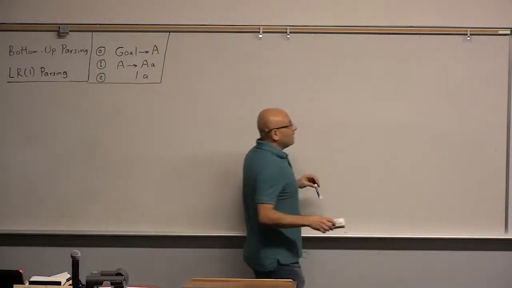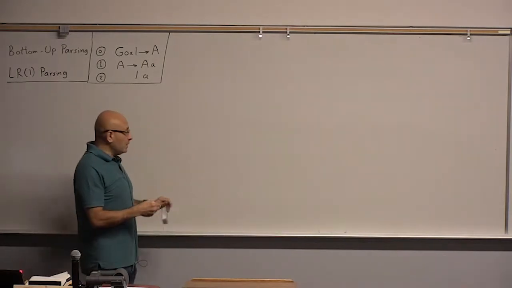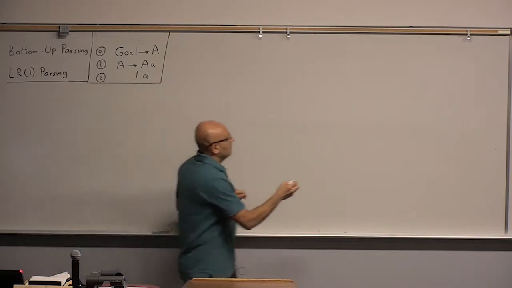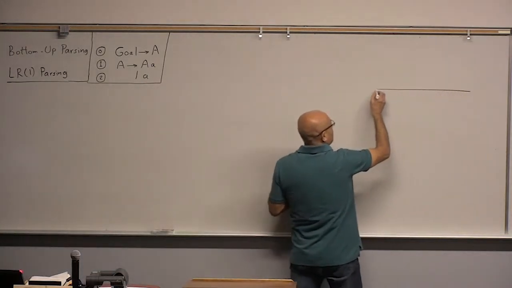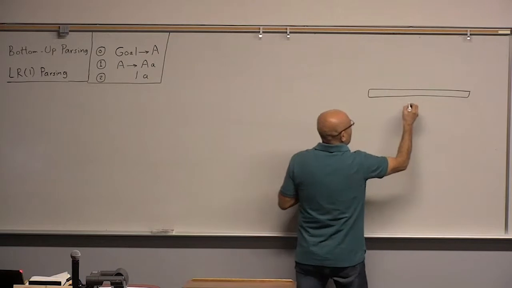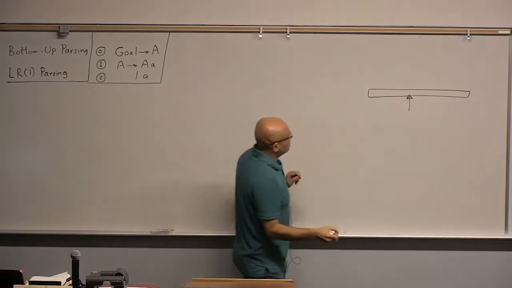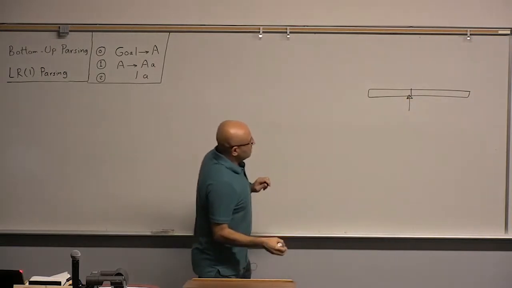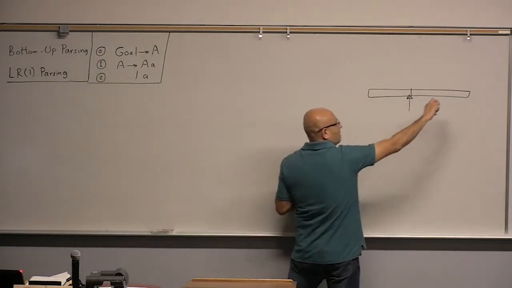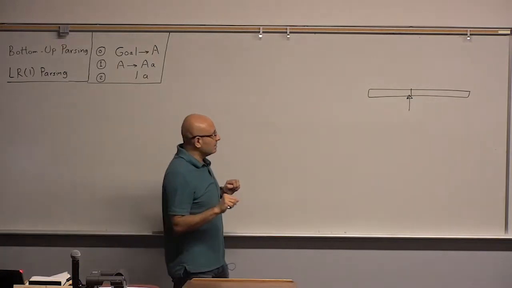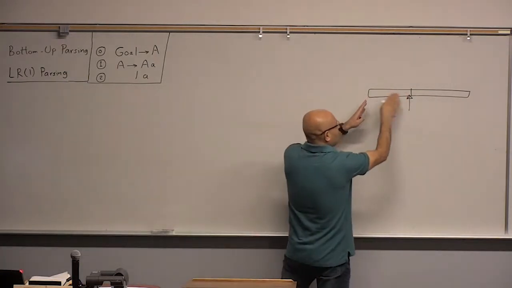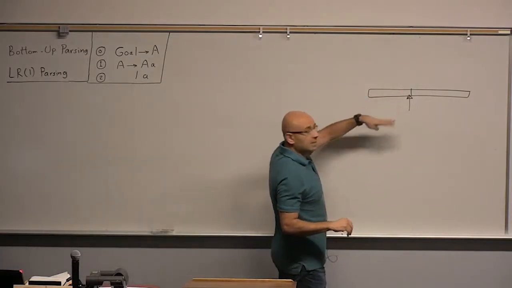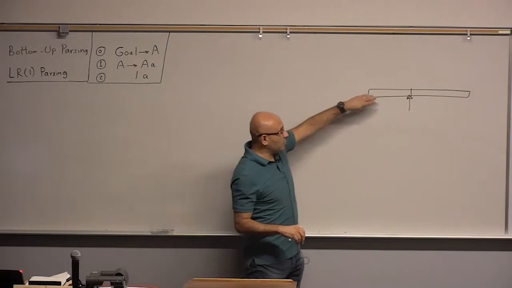Okay. Now again, remember that when we are doing LR1 parsing, this is your input string, and you are pointing at this point. This is the start of the symbols that you have not read yet, and what you have read will be on the stack, but it will not necessarily be in the form of terminals.